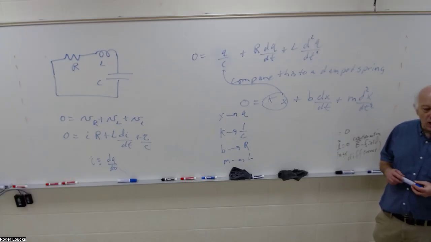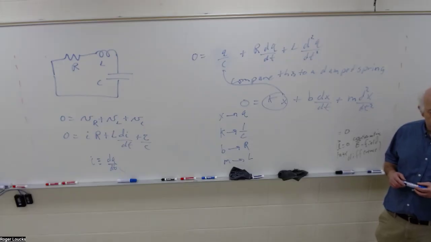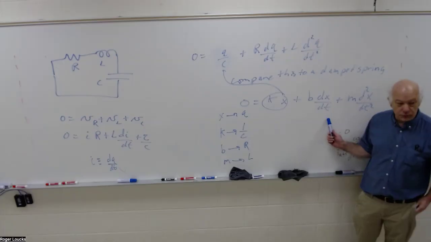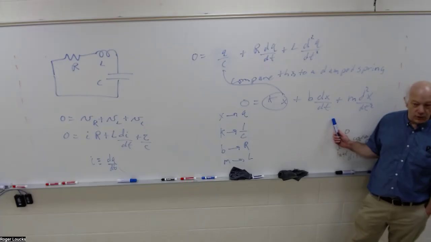So if I had purely simple harmonic motion, I'd have to get rid of what term in this case? When does this become purely simple harmonic motion? When there is no damping term.